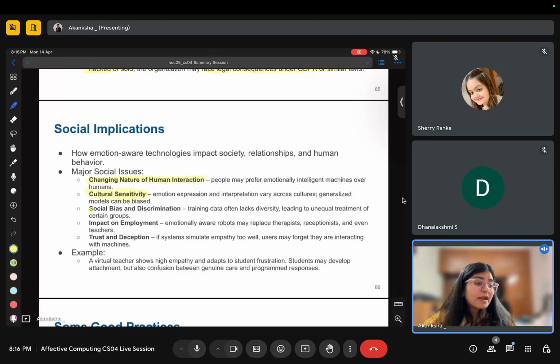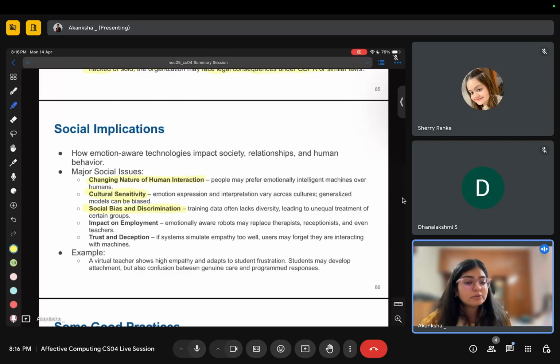Then comes social bias and discrimination. ऐसा नहीं होना चाहिए कि this model is not working or taking the command of a black person, because it is not able to capture the characteristics as it was not trained on that data. तो data is the root cause of everything.